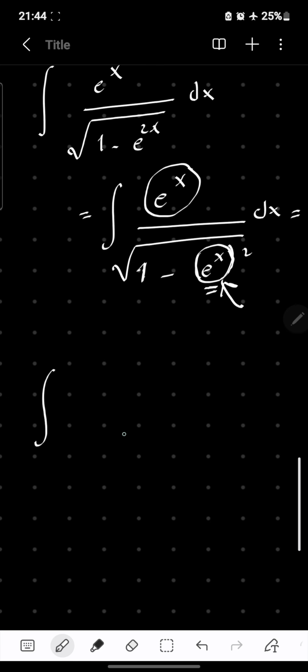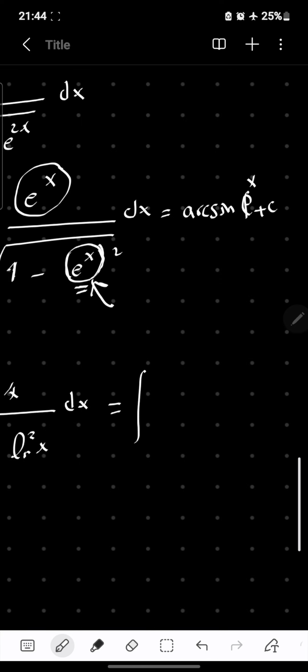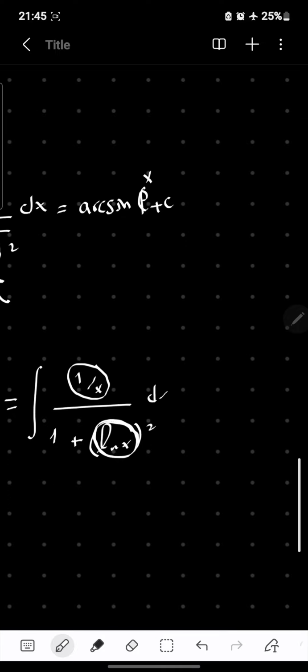Another example: we have 1 plus ln squared x and 1 over x dx. So it's the form of arctangent. We have 1 plus ln x all squared and 1 over x. So ln x is the function, and the derivative of this function is 1 over x dx.